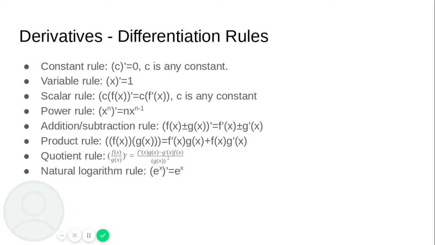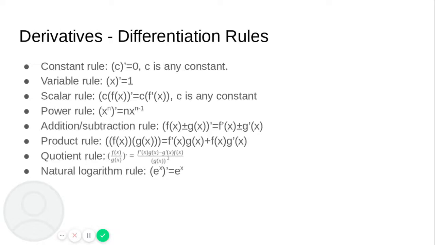The product rule is a little bit more complicated, so f of x times g of x, the first derivative of that is simply the first derivative of f of x times g of x, just normal g of x, plus f of x times the first derivative of g of x.